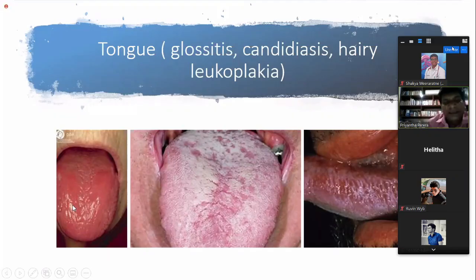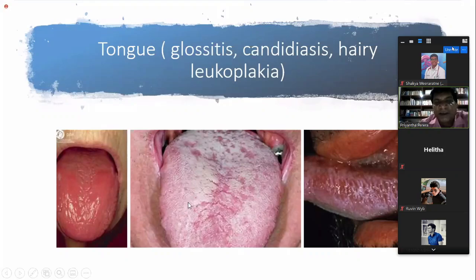Inflammation of the tongue is called glossitis. And you see this in which condition? In iron deficiency anemia, you can see this red beefy tongue with loss of papillae. That can be a useful physical sign in somebody who is clinically anemic. It will point towards iron deficiency.